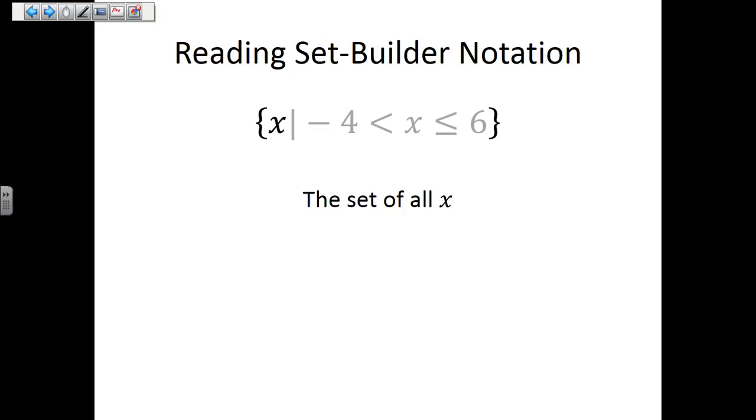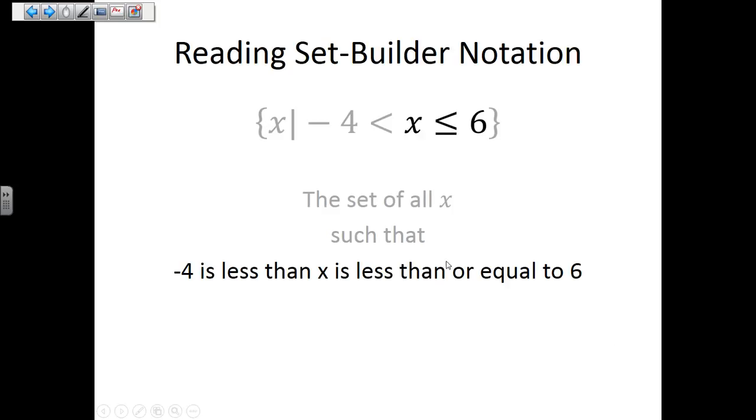The squiggle brackets and the X go together, and we should read that as the set of all X. Now, if we had a different letter there, obviously we would say the set of all, and then whatever that other variable is that we're using. But in this case, we've got the set of all X, and then that vertical line in there is simply read such that. And it tells us what's going to follow is our pattern for this set of numbers.